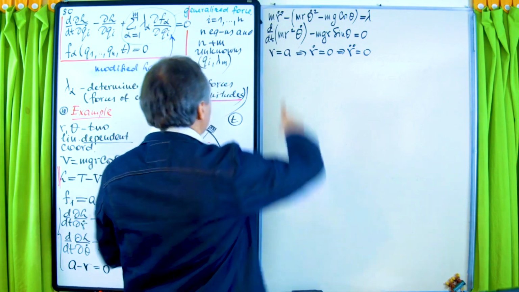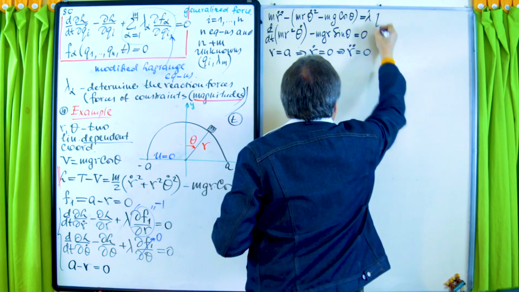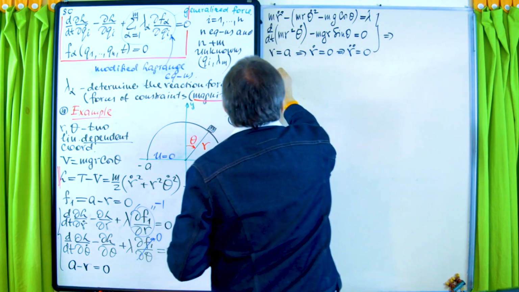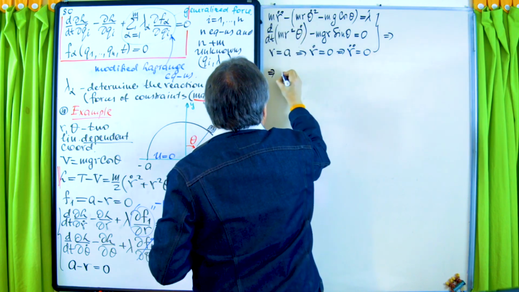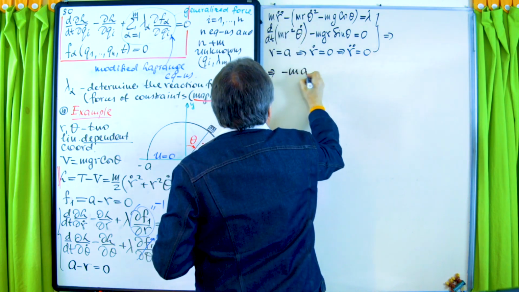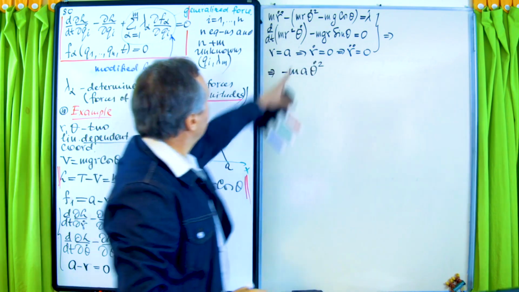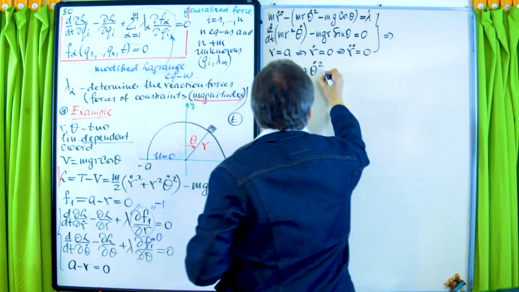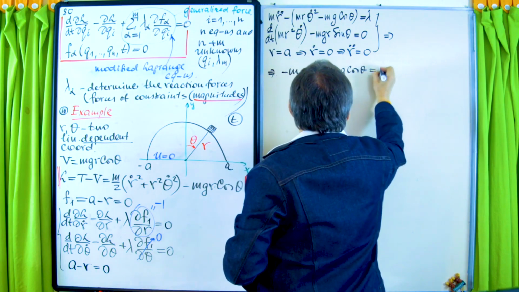So this will be 0. Then minus m a theta dot squared, plus mg cosine theta plus mg cosine theta equals lambda.